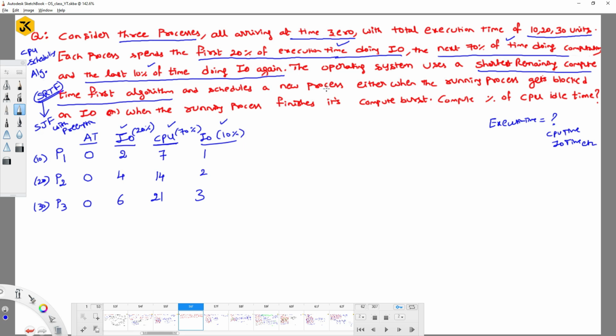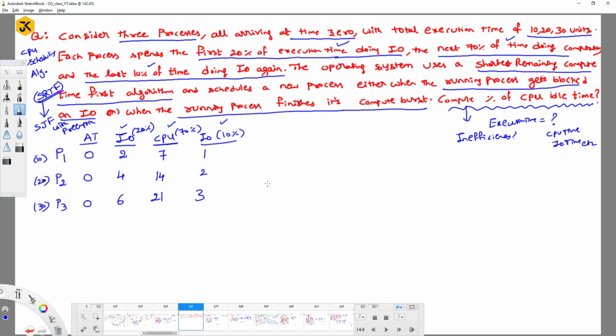And it schedules a new process either when the running process gets blocked on IO or when the running process finishes its compute burst. Compute the percentage of CPU idle time. Okay, means finally you have to find out the inefficiency of the CPU, how much time the CPU is idle. That is what they are asking.